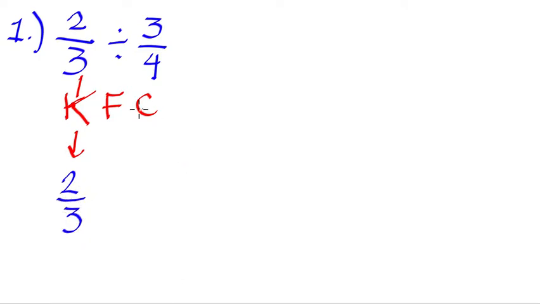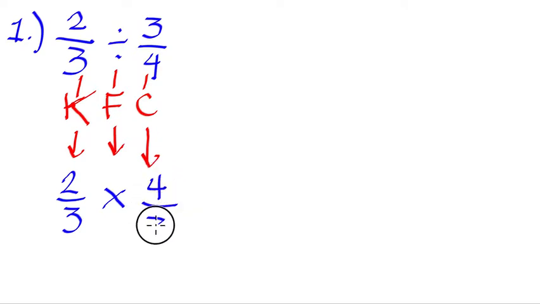After this, we will flip the operation from division into multiplication. So this is 2/3 times, provided we change the divisor into its reciprocal. If you do that, this becomes 4 over 3. So this is your KFC. We have 2/3 multiplied by 4 over 3.